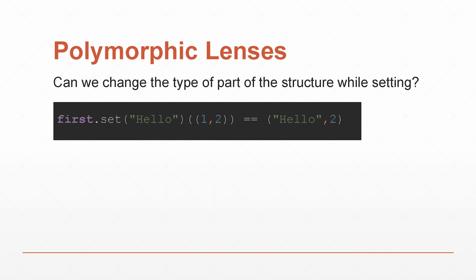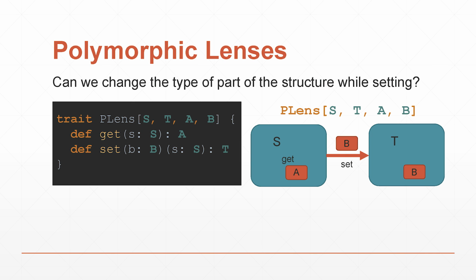It's possible, and we just extend our lens definition to 4 parameters. So a p-lens, polymorphic lens we'll call it. With a polymorphic lens of S, T, A, B, we can get an A inside an S, and given a new B, we'll create a T with a B inside.